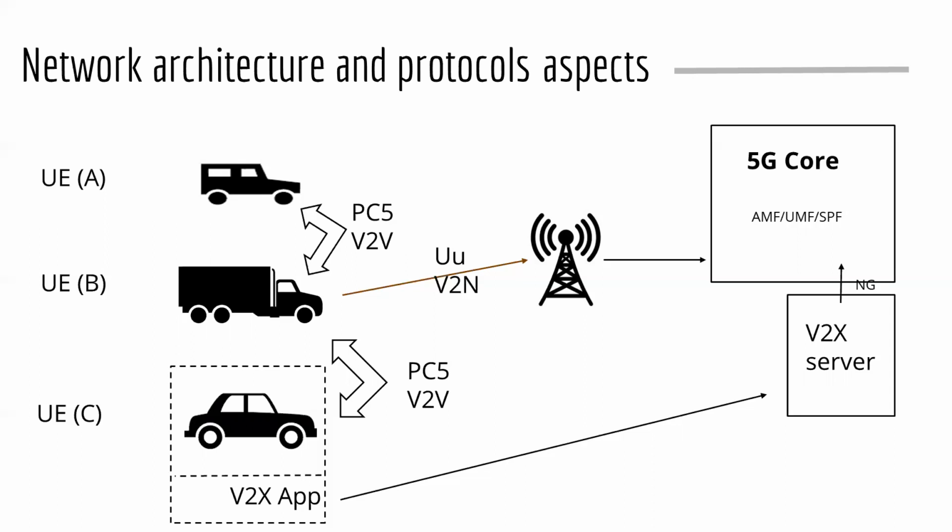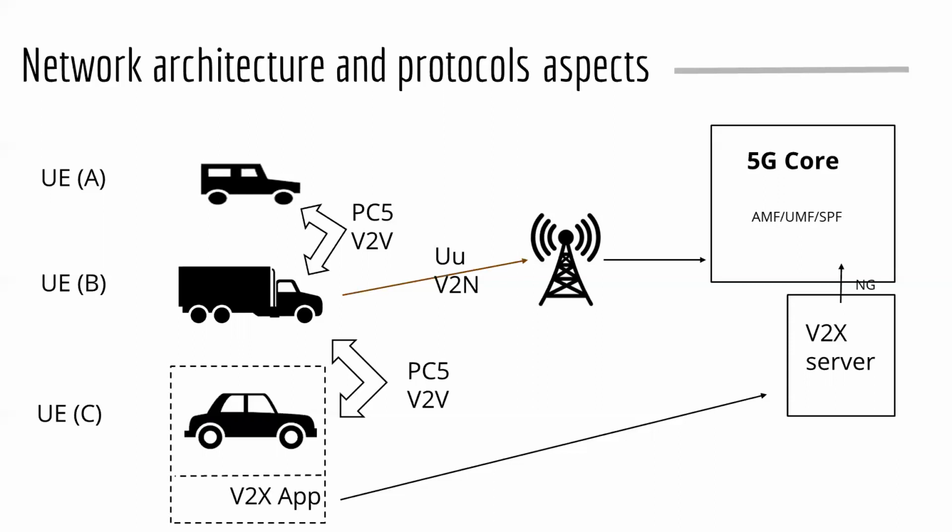We can also see that the vehicle-to-everything app will connect with the vehicle-to-everything servers via a V1 interface. V2X application servers also communicate with each other via an interface out of scope of 3GPP specifications.